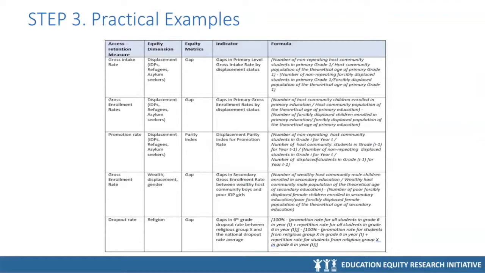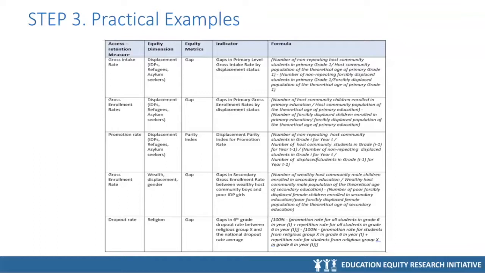One key point of this exercise is that by combining different access and retention measures based on the project objectives and theory of change with different equity dimensions relevant for that specific context, with different equity metrics, there are a number of indicators that we can formulate with this approach.